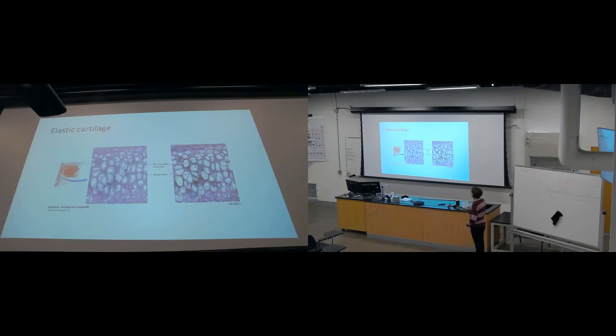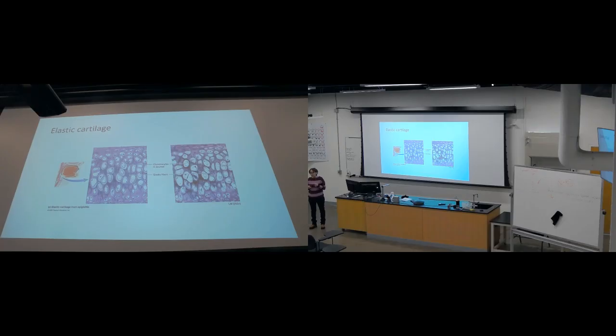Elastic cartilage is a type of cartilage that we have in areas where you need elasticity, like in the glottis, the epiglottis. The epiglottis is a little flap-like cartilage that we have on top of the larynx. The larynx is our voice box.